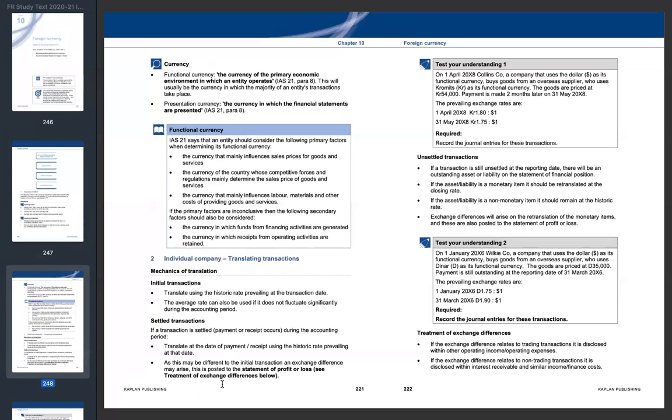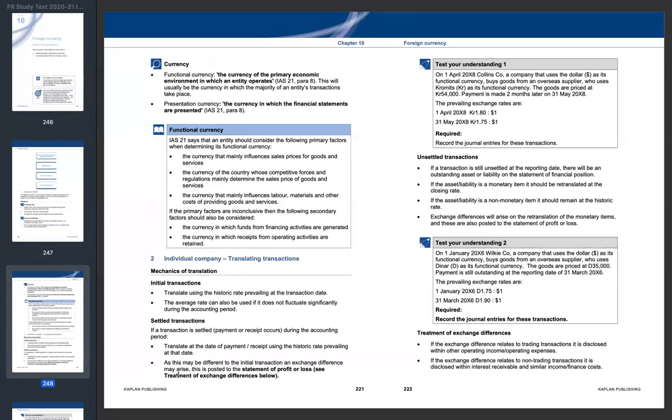In case of a settled transaction during the accounting period, for example, my company's accounting period ends on 31st March, and I purchase a commodity in December and make the payment after 2 months.